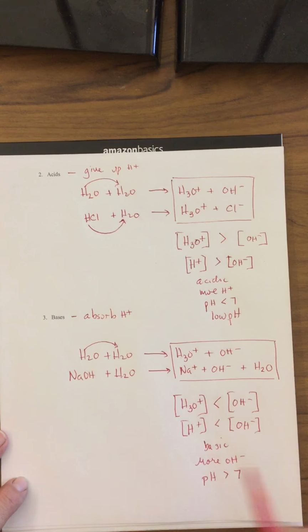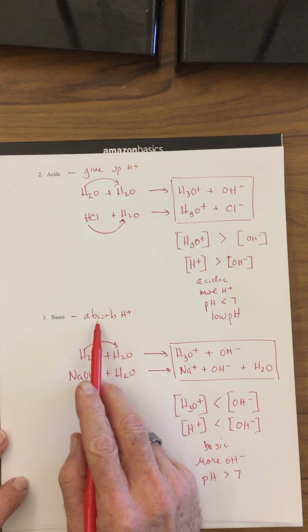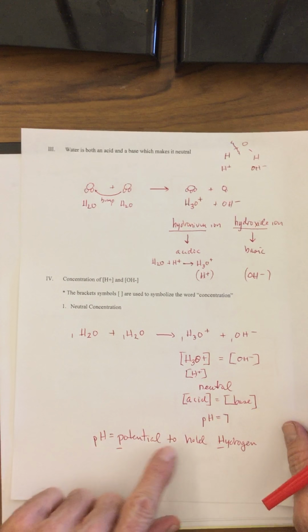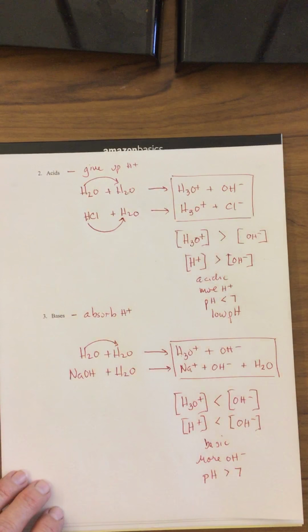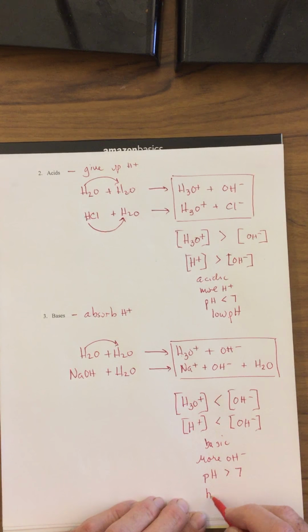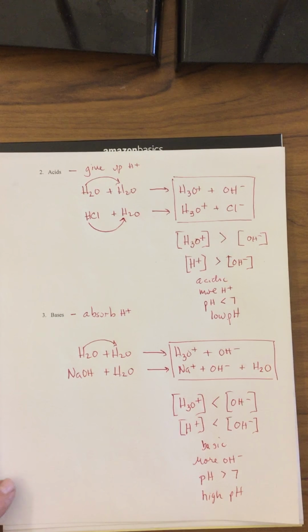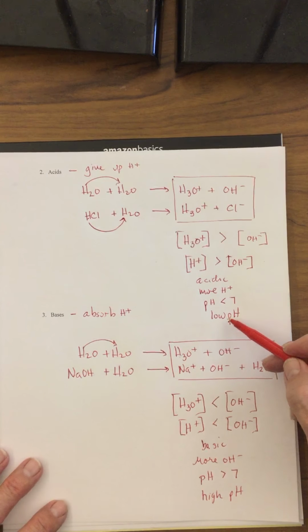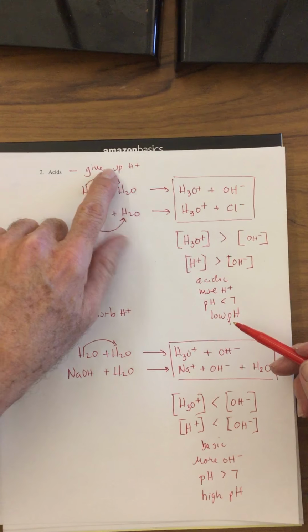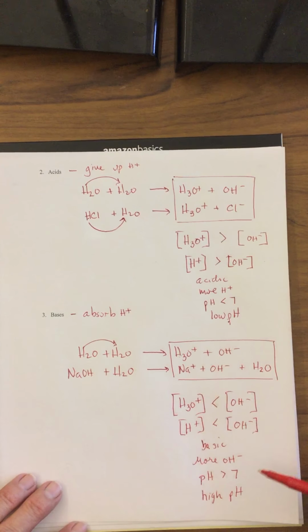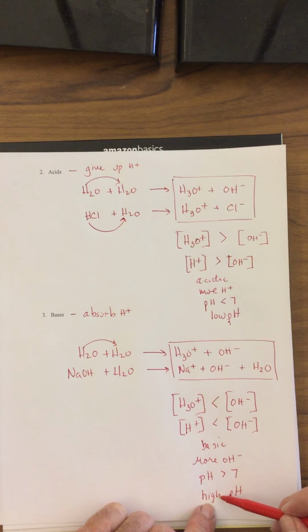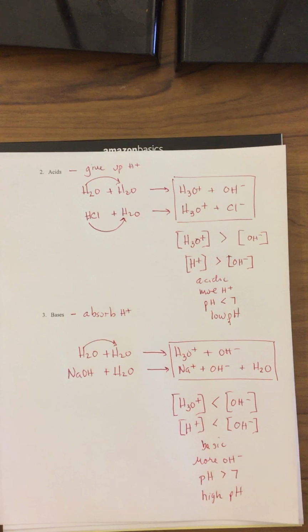Well, that seems true for bases, because what do bases like to do? Bases like to absorb the H pluses. So their potential to hold hydrogen is very high. Bases have high pHs. Acids, again, which give up their H pluses, their potential to hold the H pluses is low because they're giving them up. The potential for bases to hold the hydrogen is high because they like to absorb those H pluses.